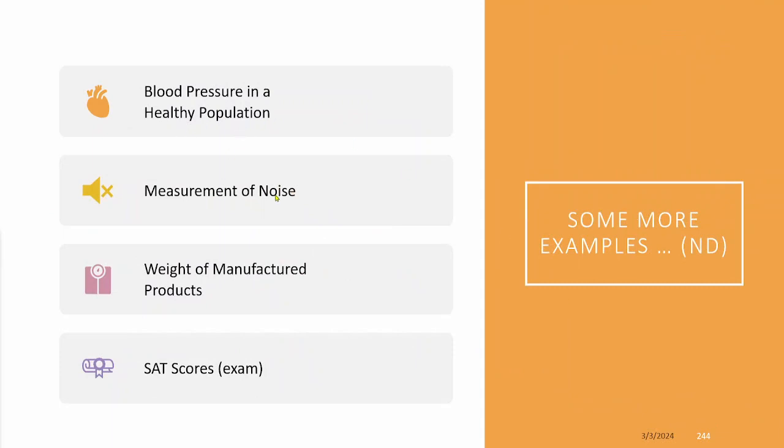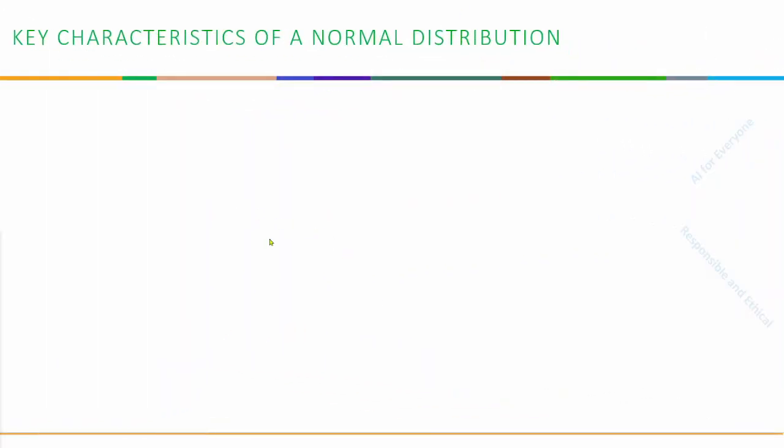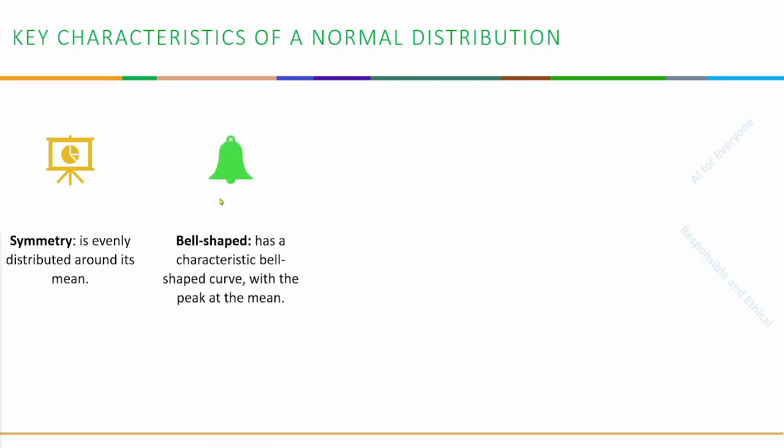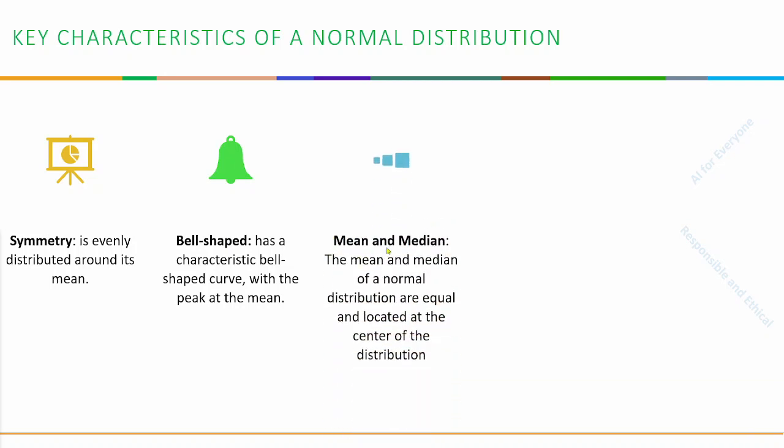Blood pressure, measurement of noise, weight of manufactured products, SAT scores, for example, these all show the characteristics of normal distribution. So essentially, symmetry is one of the closely associated characteristics of normally distributed data. Bell shape, now whether it is completely bell shape or less than bell shape or skewed or not skewed, depends on the data that you have.